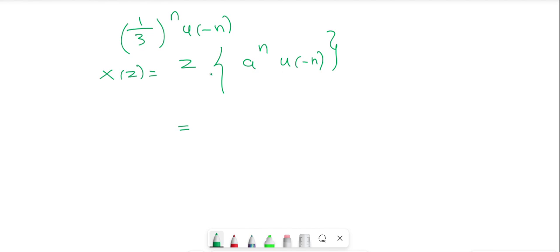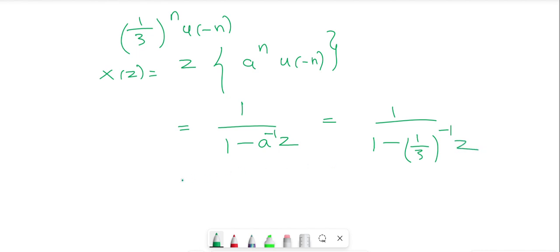You can write 1 divided by 1 minus a inverse z, that is a^n into u of minus n. So it equals 1 divided by 1 minus (1/3) inverse z, where the modulus of z is less than 1/3.